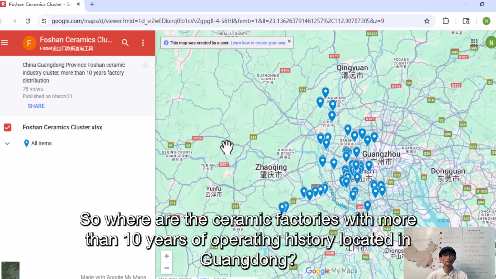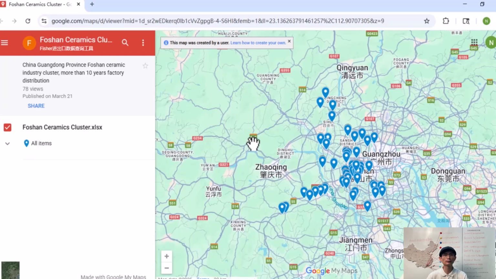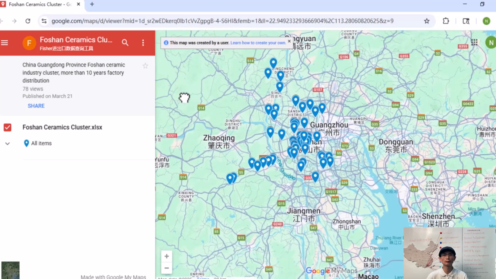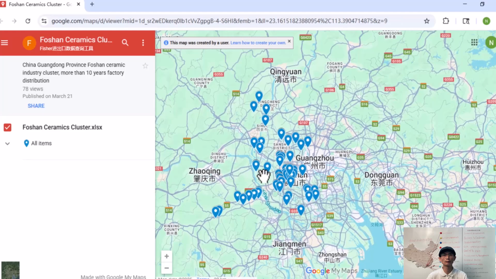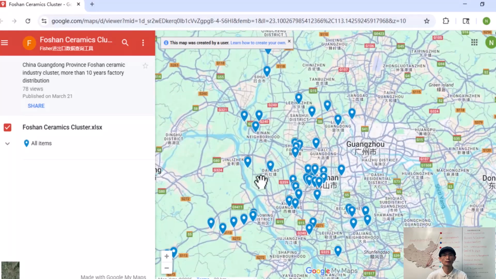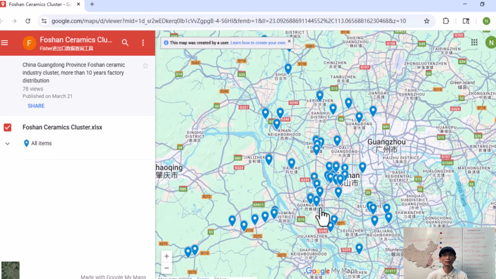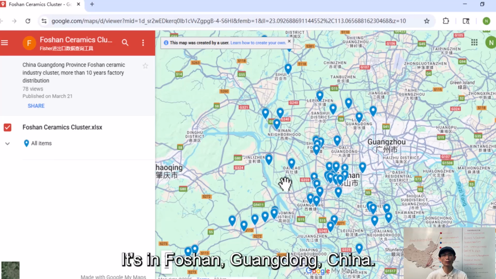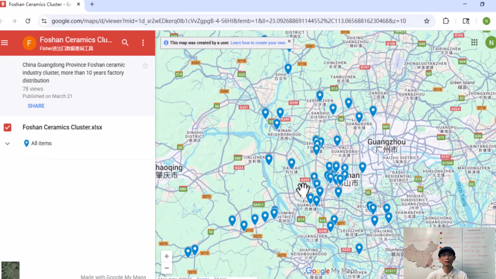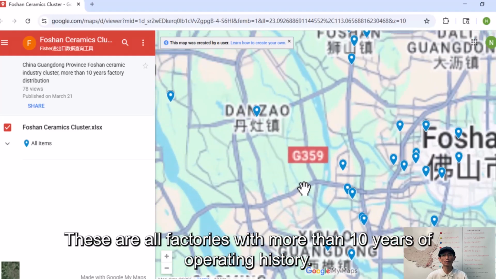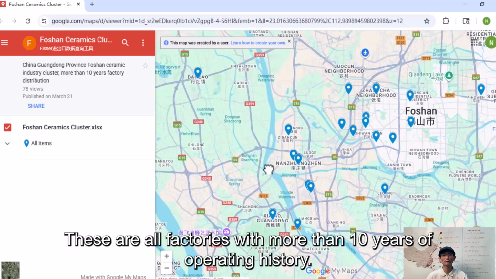So where are the ceramic factories with more than 10 years of operating history located in Guangdong? We found it's in Foshan, Guangdong, China. These are all factories with more than 10 years of operating history.